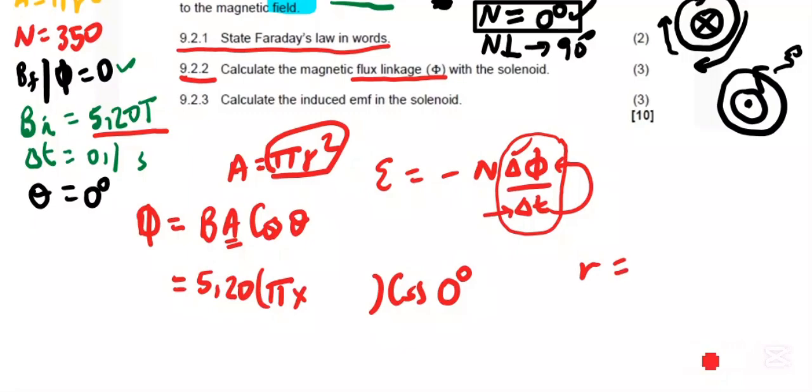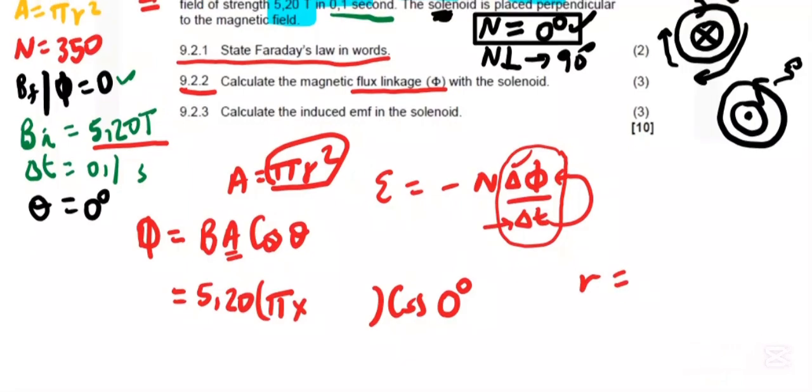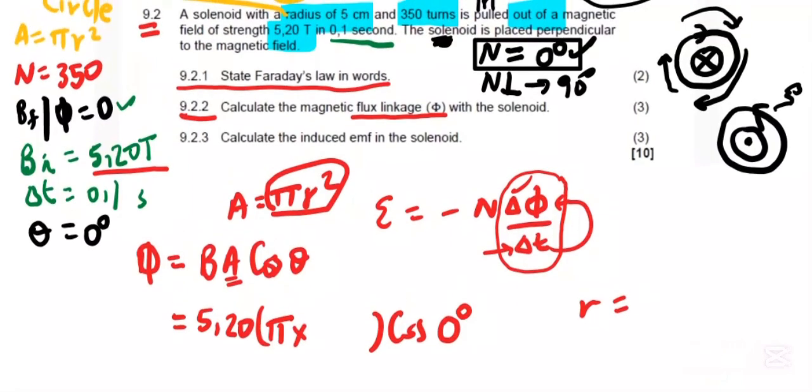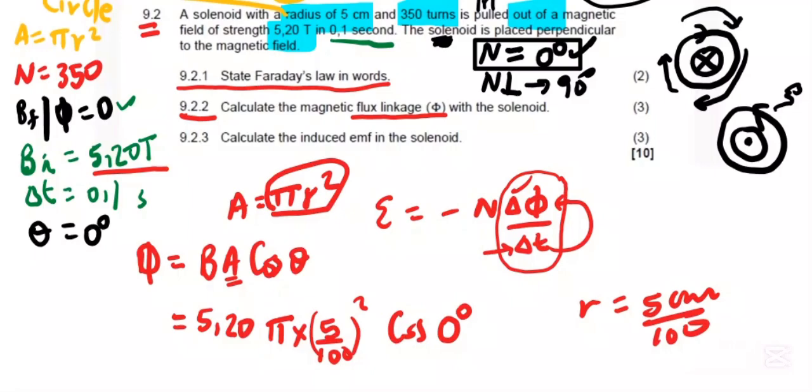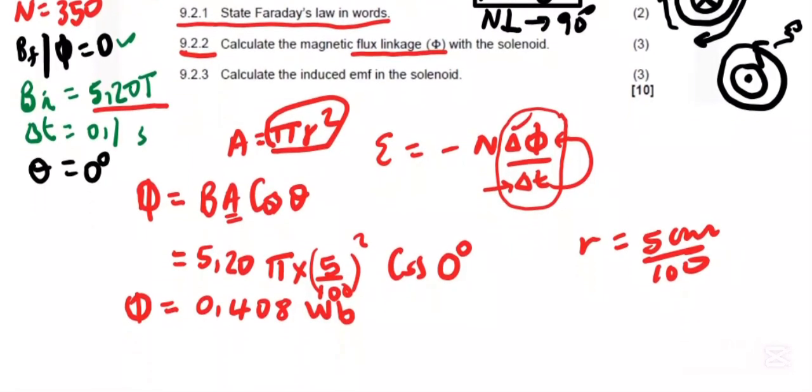The radius was 5 centimeters, which means we have to divide by 100. So I will divide the 5 centimeters by 100, squared. Then we punch the calculator and we get the answer, 0.0408 Webers.